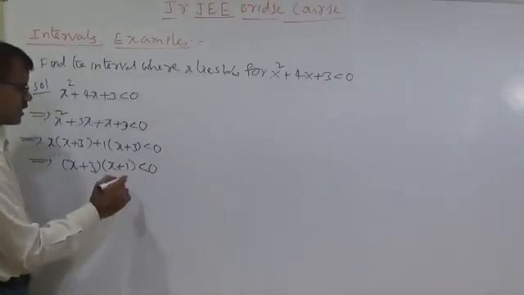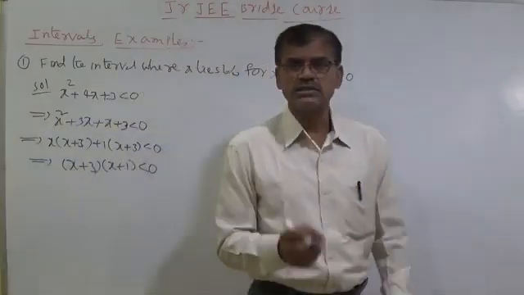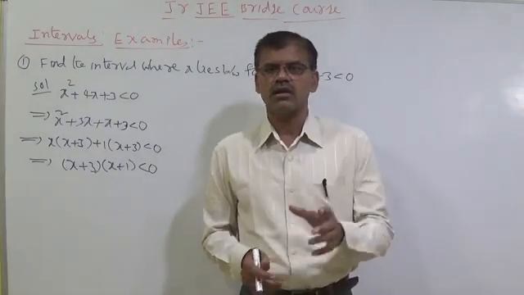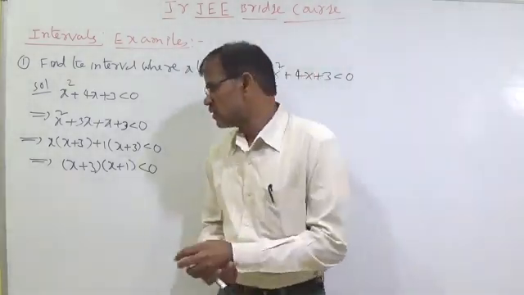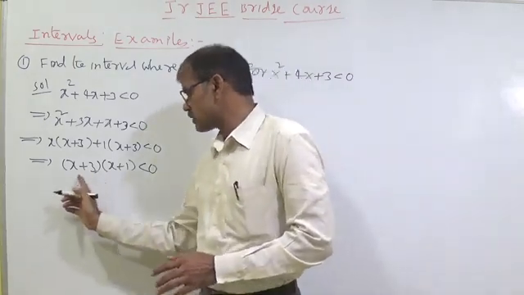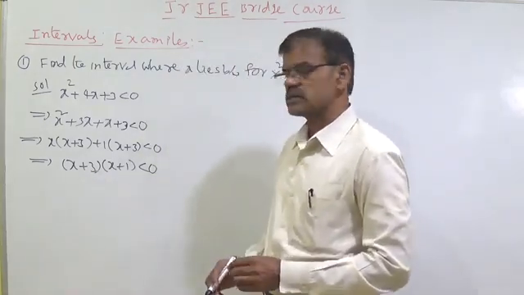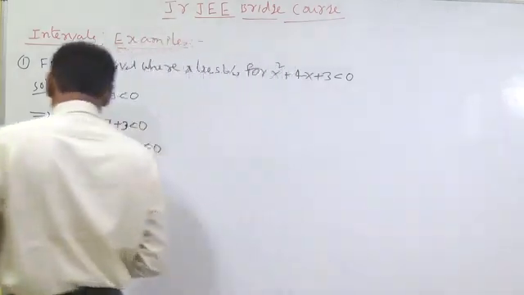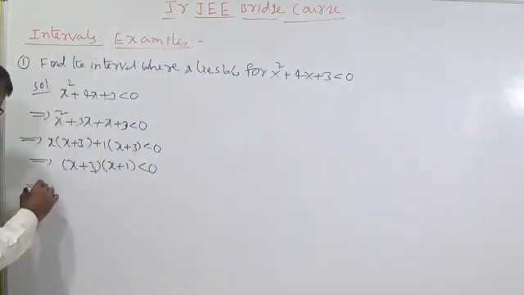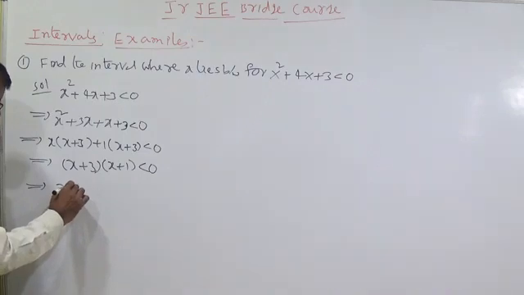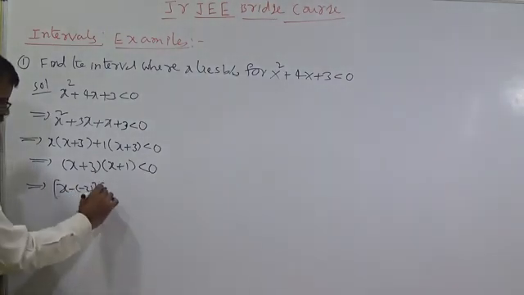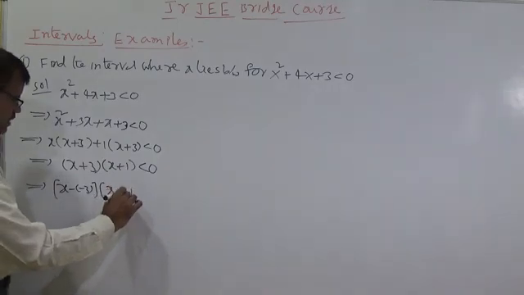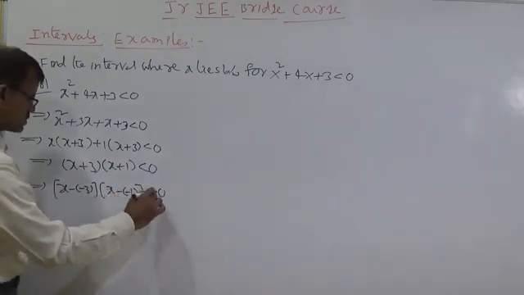While notating the intervals, always you should write the small number first and the large number next. Here we got x plus 3 into x plus 1 less than 0. You can understand this as x minus of minus 3 into x minus of minus 1 less than 0.